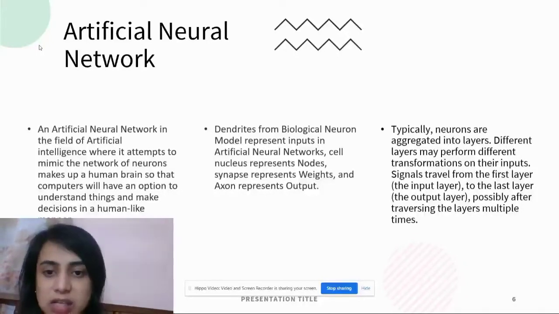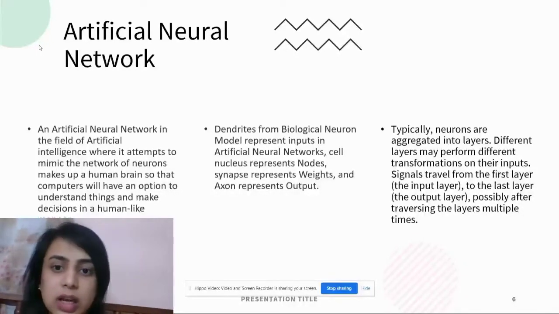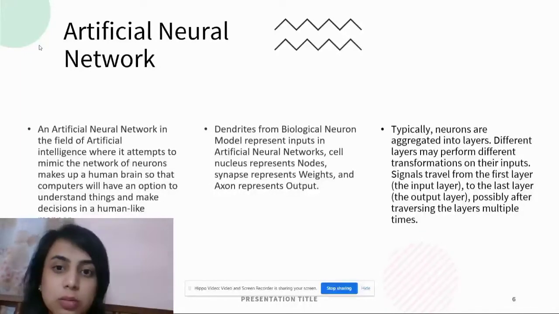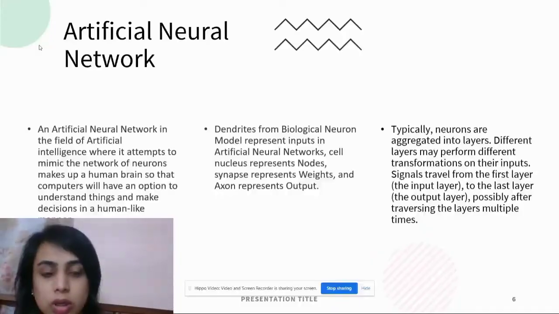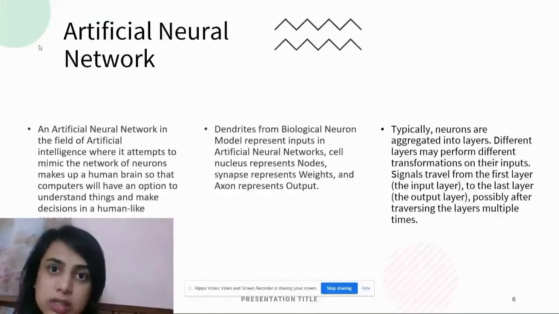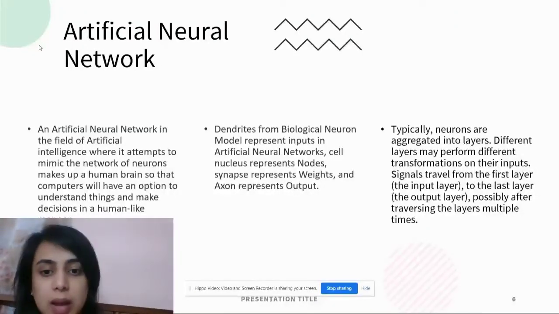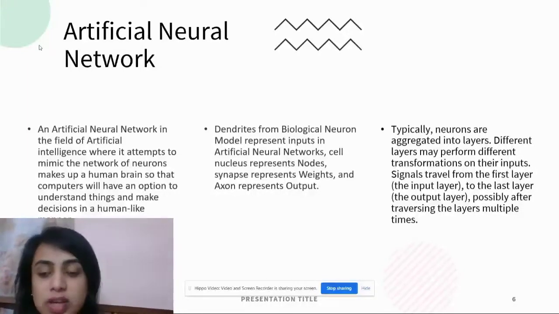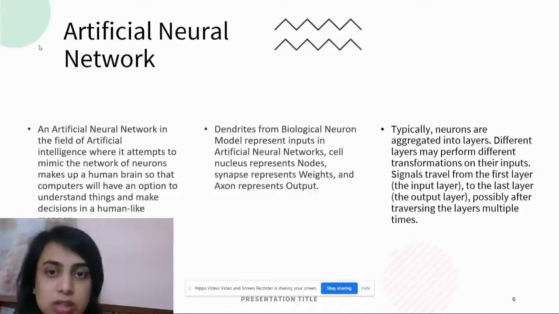So basically, as we have discussed, the dendrites from the biological neuron model represent inputs in artificial neural network. The cell nucleus represents nodes, the synapses represent weights, and the axon represents the output. So the computers will have an option to understand things and make decisions in a human-like manner.